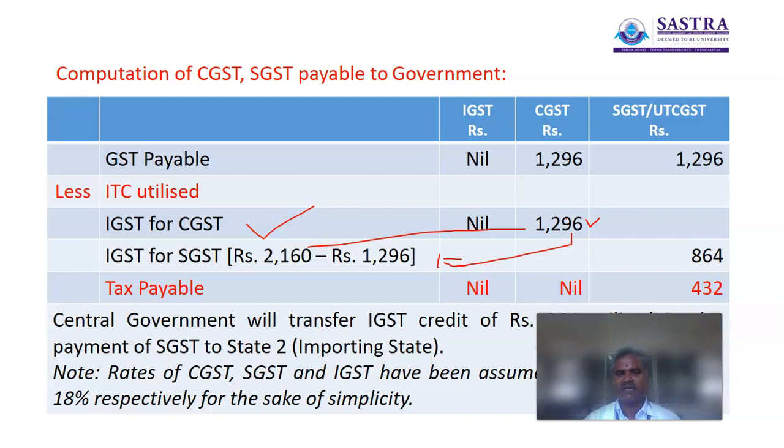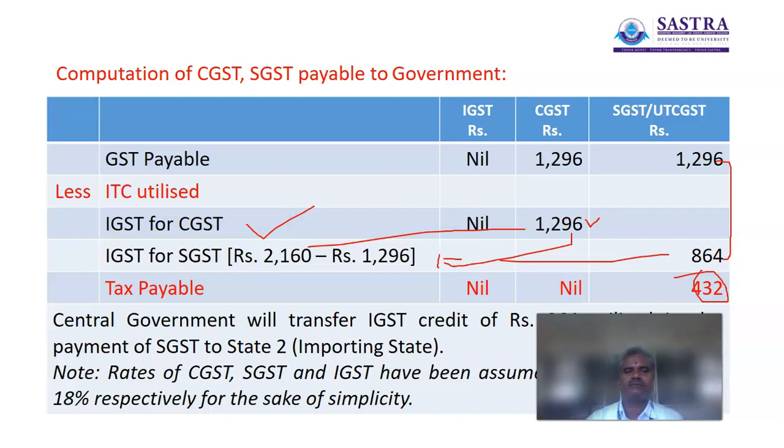The balance will be 864. It will be adjusted against SGST. The balance payable to the government is 432 only. B has to pay that to the government. This is the procedure for calculating the final settlement.